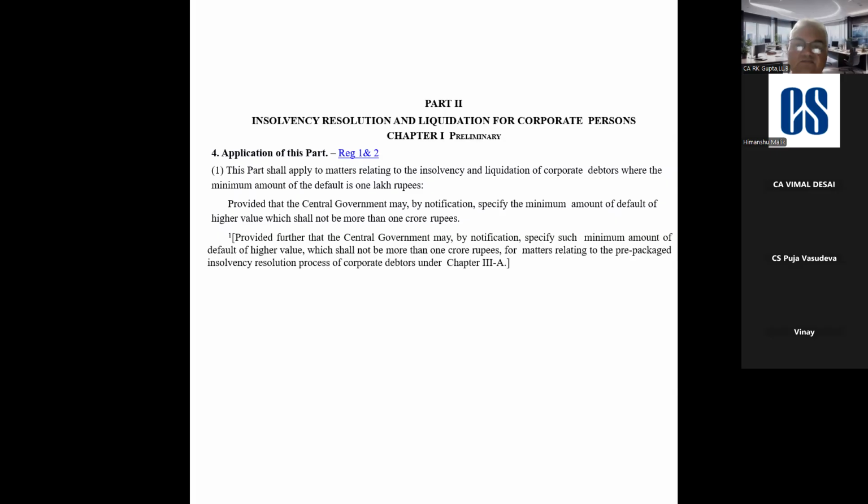The amount of default is 50 lakhs. Now, what are the options available with the financial creditor? Suppose you have given a loan to a company, and that company is not a corporate MSME. The amount of default is 50 lakhs. You want to recover the money, the company is not paying you. Then what are the options available?